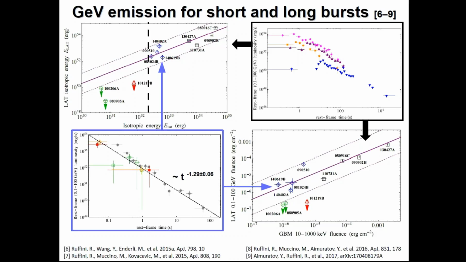Yes, they are the same machine, but at completely different distances, different redshift Z. They're completely different objects, but once you normalize by the distance, it is also K corrected.